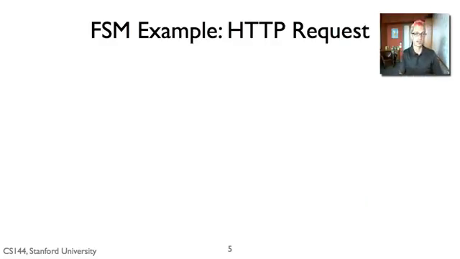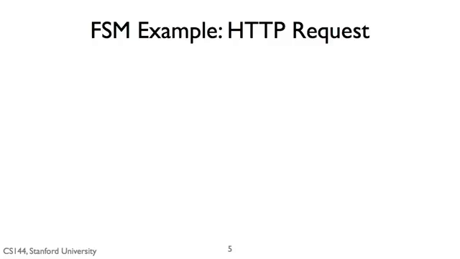So that's the abstract. Let's walk through a simple finite state machine of how you might represent an HTTP request. If you recall from the videos about HTTP, the way it works is I have some client, and let's say we have no connection open. We're just starting at the beginning, so we're in the beginning state of idle. Then at some point, we get a request for some URL, say from our browser, which is the event.